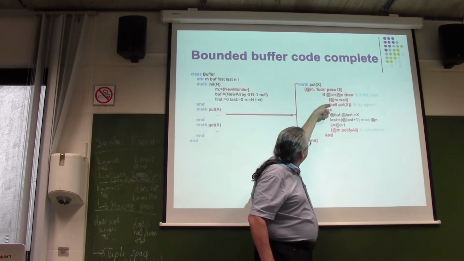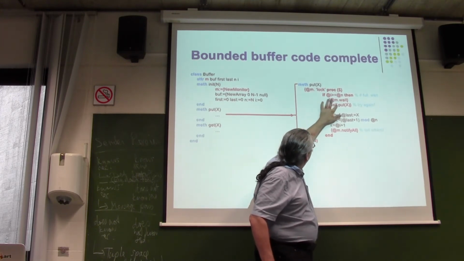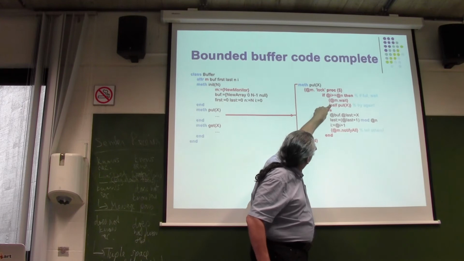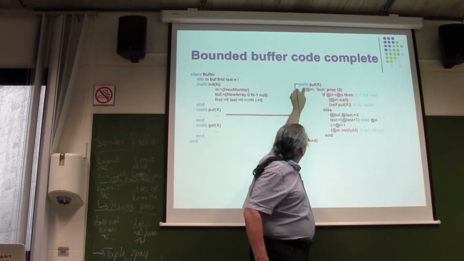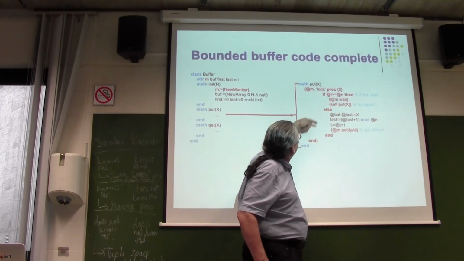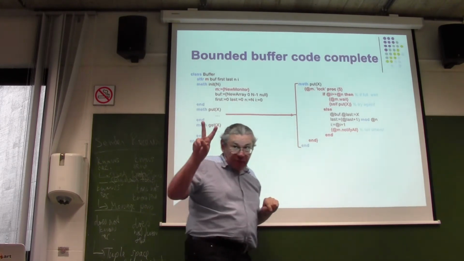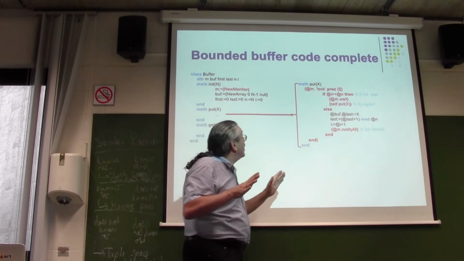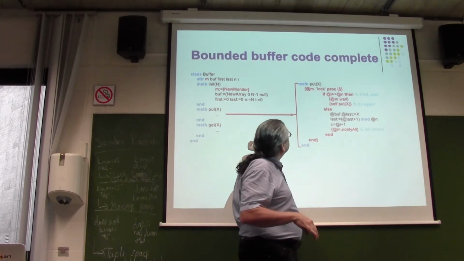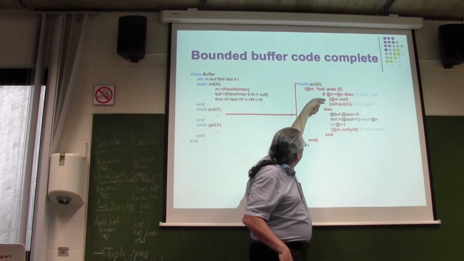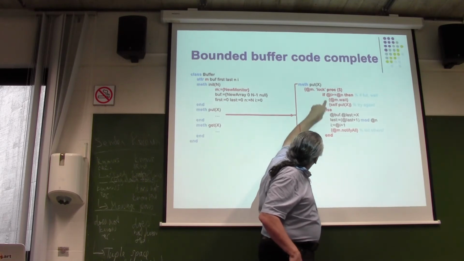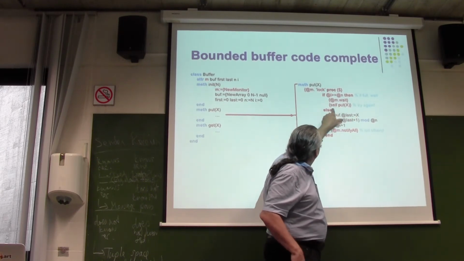The way you do it in Oz, you have to actually do a recursive call to put. So you completely try again to do a put. Okay? And in the scenario, let's say you have two threads doing put, and the get wakes both of them up. Both of these threads will try to do a put again.